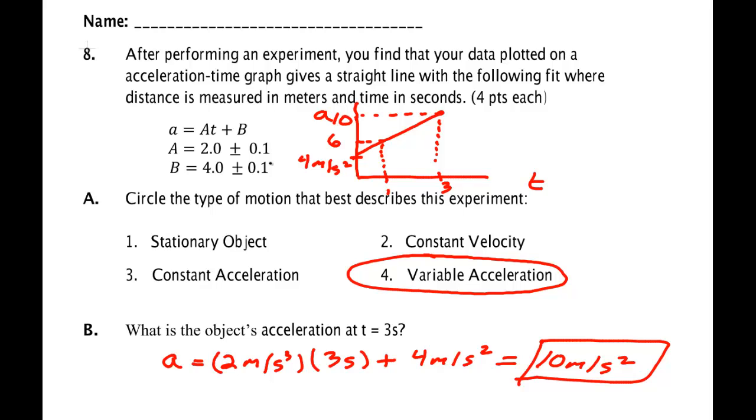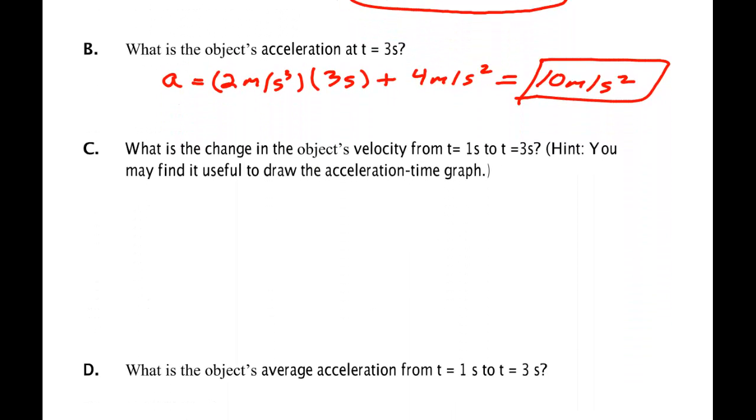What's the change in the object's velocity? Now that's a little bit more of a trickier type of problem, because what you basically need to do to find the change in velocity is find that area. Now you can do that a couple ways. You can come across here and find this triangle, and then find this rectangle, and that will get you what you need. So let's do that.